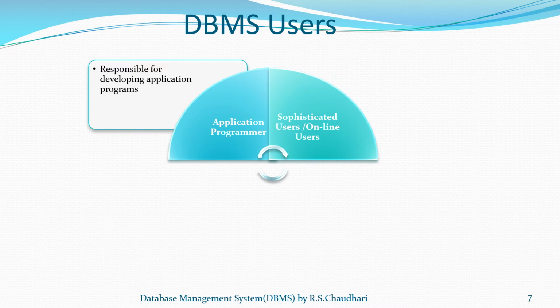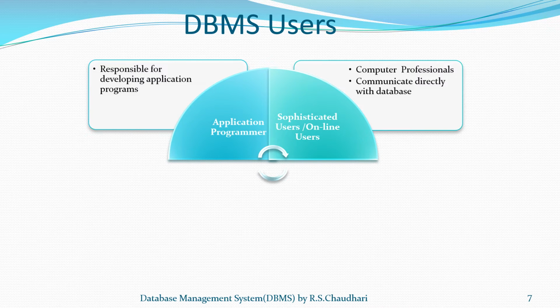Second type of DBMS user is sophisticated or online users. These people are also computer professionals, but they do not write programs. To interact with the system, they use query languages like SQL. These are users who may communicate with the database directly online or indirectly via a user interface and application programs.